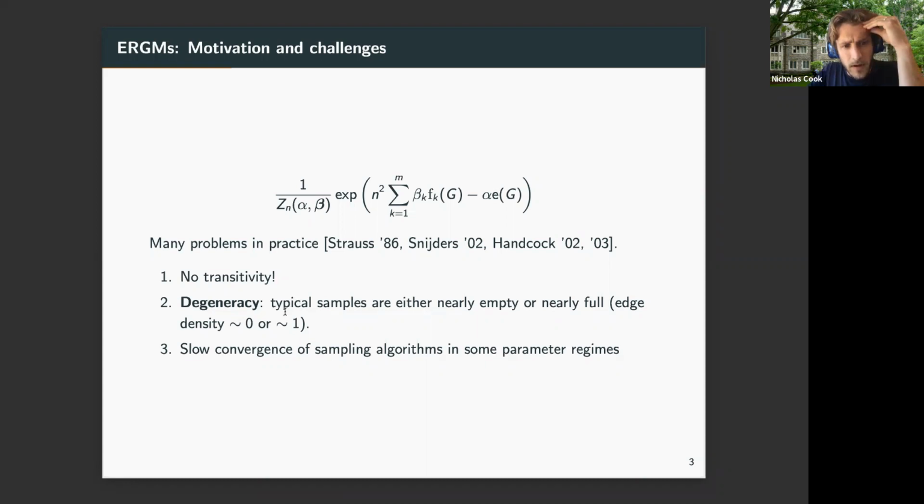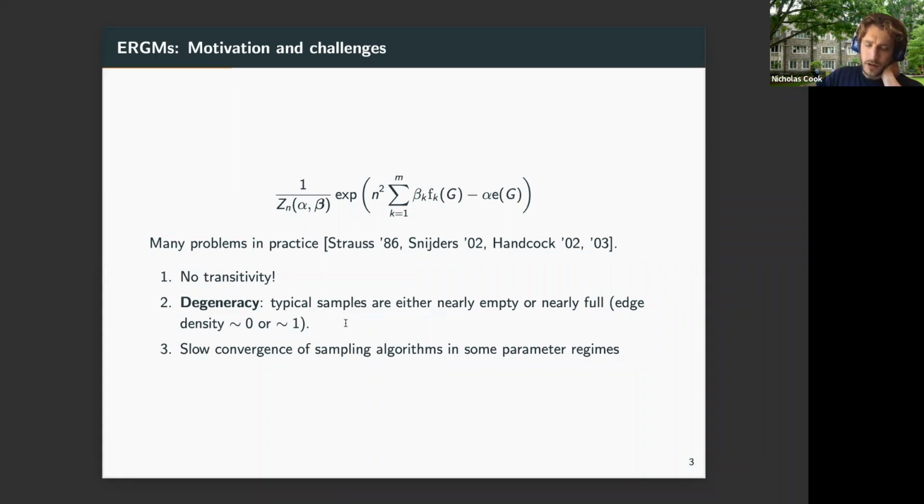Another problem that they observed was what they called degeneracy. A particularly egregious form of degeneracy is this: they would draw samples from their distributions for various values of the parameters and look at what the graph looks like, and they would see either a graph that was almost empty, so almost no edges, or a graph that was almost full, almost the complete graph.